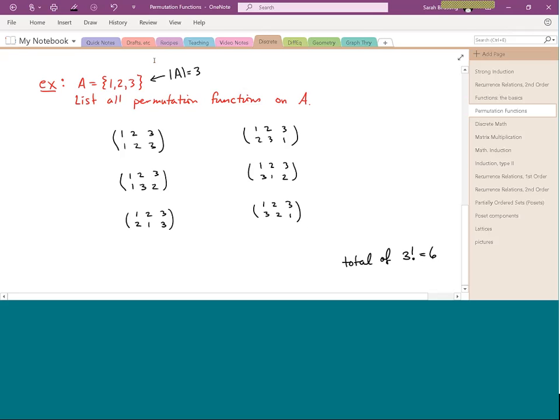Now, we're actually going to use some of these permutation functions, so let me put some names on them. Okay? And here, I'll go ahead and write P1 for permutation function 1, P2 for permutation function 2, P3 for permutation function 3, P4, and lastly, P5.